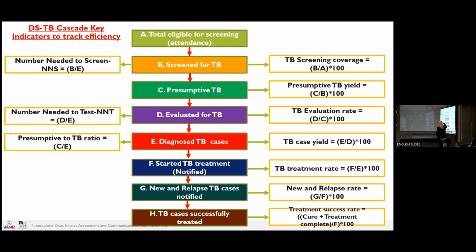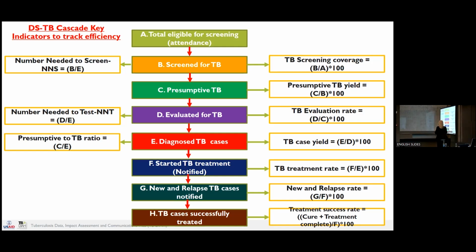Those who were TB presumptive, that is, suspected of tuberculosis, were examined. Out of this TB presumptive, the D number was actually tested further for TB, and we can divide D by C, etc., etc. Now, out of those evaluated, the E number was diagnosed when the cases were confirmed, and it's clear how we estimate the percentage.